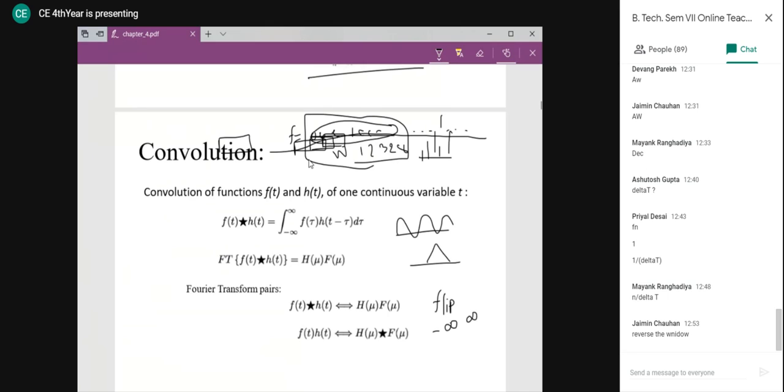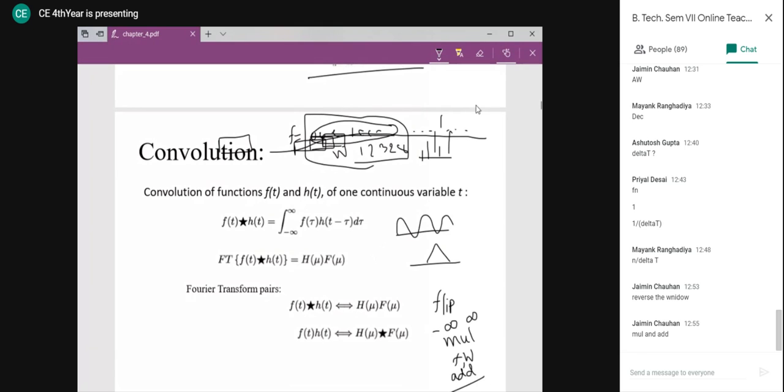If I keep it here, then yes, we have to multiply and add. First of all, I was doing multiplication of function and window, and then addition.